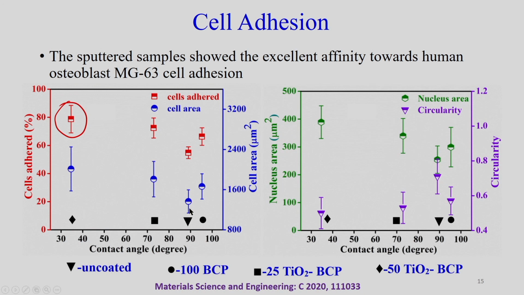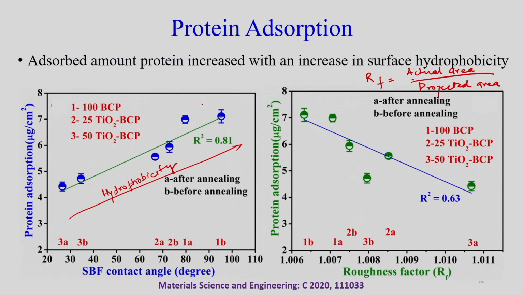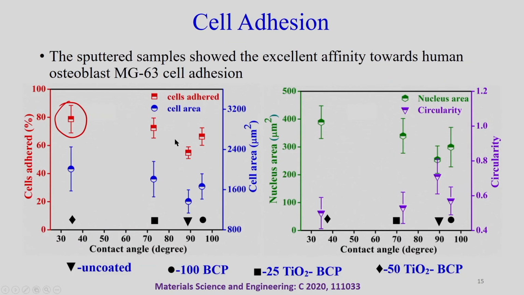So, what it says here again, due to the coating of hydroxyapatite, TCP and titania on the surface, it has improved both. Here we observed improvement in the protein adsorption, and the cell adhesion or cell surface interaction is also improved. Here also we have used the MG63 cell for the cell surface interactions. Apart from this, we also see the nucleus area.